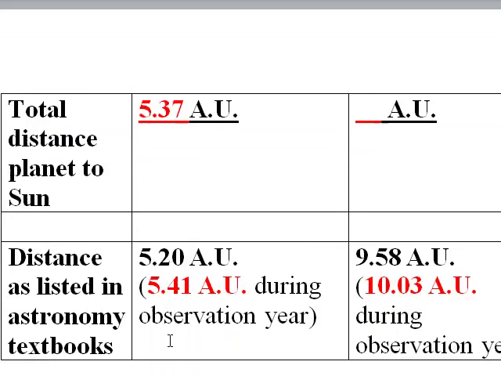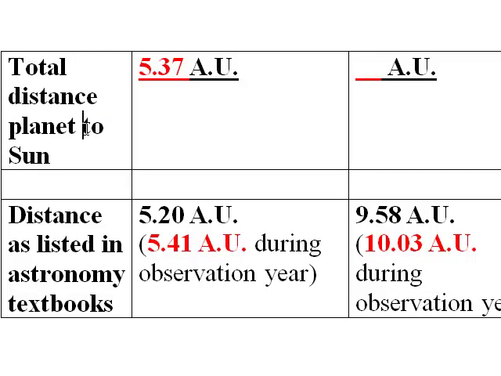And that 5.37, the total distance of the planet to the Sun, I compared to the distance listed in astronomy textbooks, which is the average distance, 5.20, pretty close. And for that particular observation year of 2016, I also looked that up. It's 5.41, so you can see I'm really close to that one.